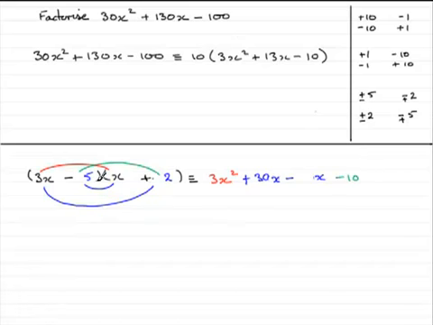What have we got this time for the x terms? 3x times 2 is plus 6x. Minus 5 times x is minus 5x. So 6x take away 5x is just 1x. We wanted 13. So it's not a 5 and a 2 combination, but maybe it's a 2 and a 5 combination. So we'll change those to a 2 and a 5.